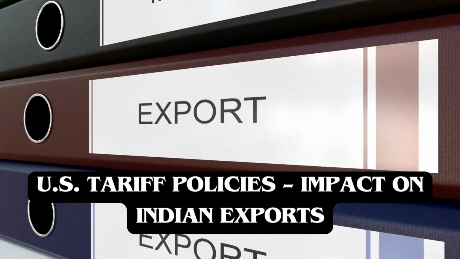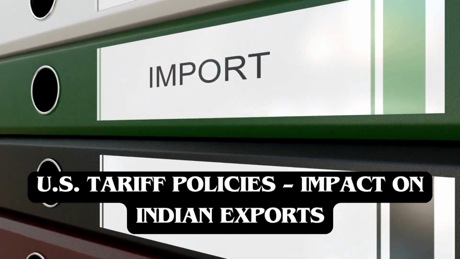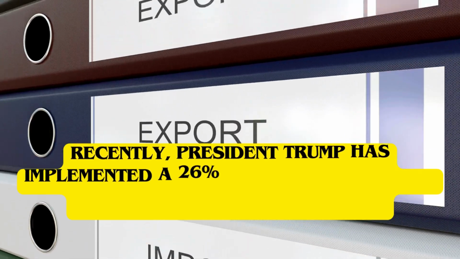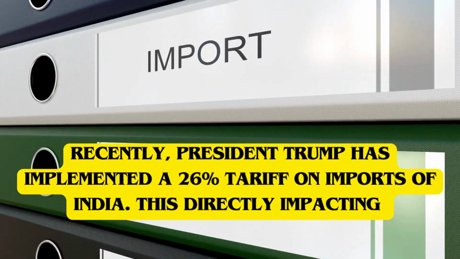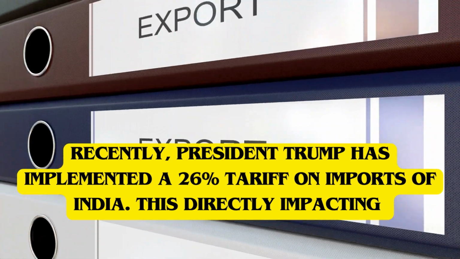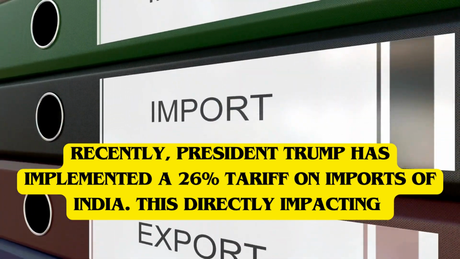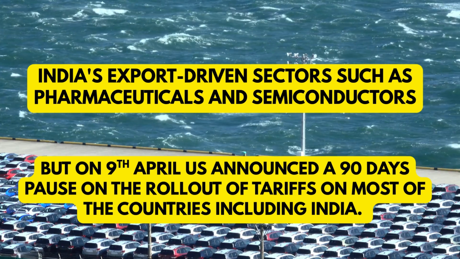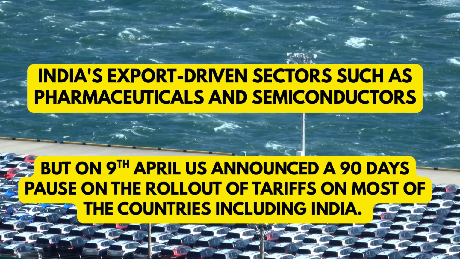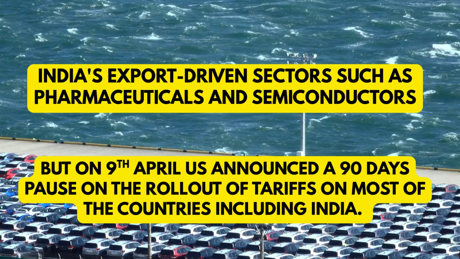US tariff policies impact on Indian exports. Recently, President Trump has implemented a 26% tariff on imports from India. This directly impacts India's export-driven sectors such as pharmaceuticals and semiconductors.